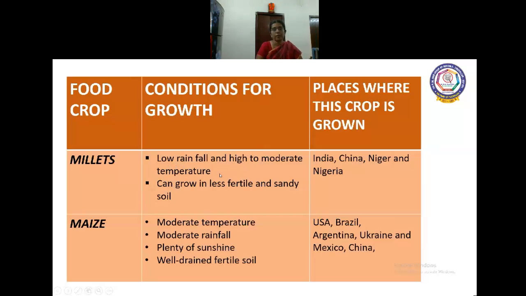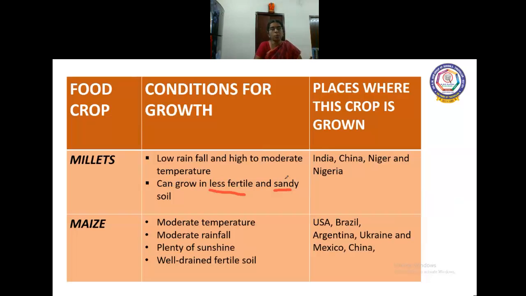That is, low rainfall is enough for growing millets, and it can grow in less fertile and sandy soil also. And it is grown in India, China, Niger and Nigeria.